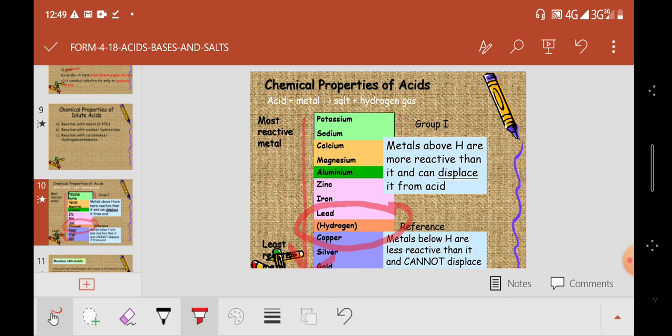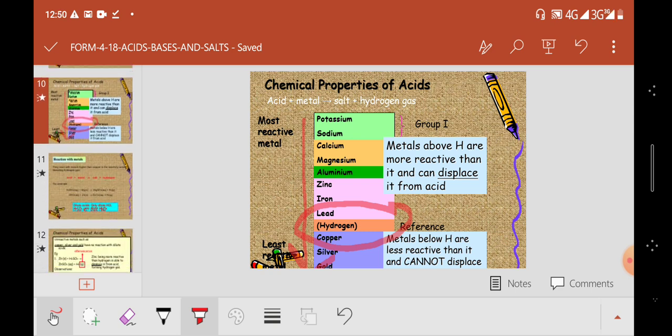And this position means that all metals that are below hydrogen cannot react with dilute acids, and all metals above hydrogen can react with dilute acids. And note, concentrated acids can react with all metals, but dilute acids cannot react with all metals because the hydrogen will not be replaced by a metal like copper, which is below it in the reactivity series.